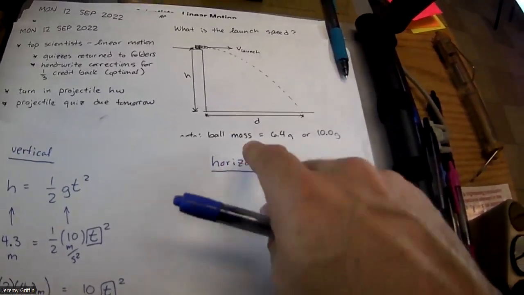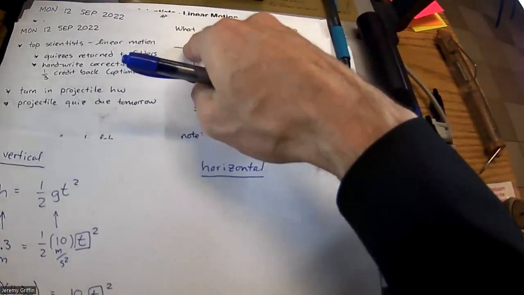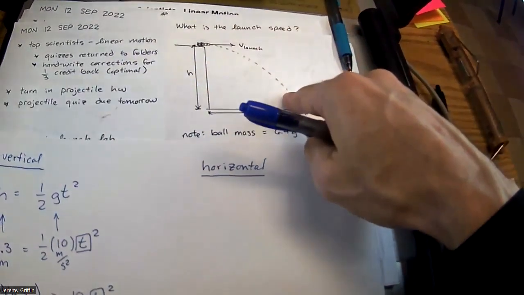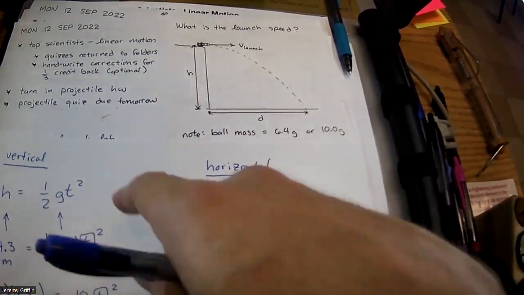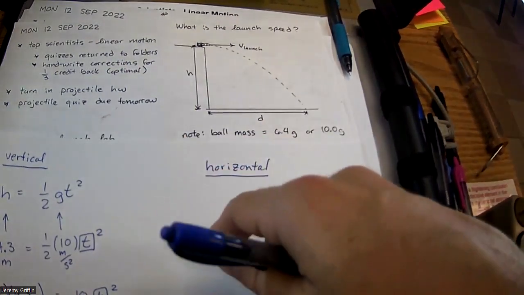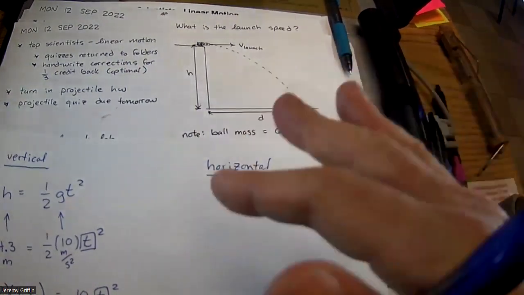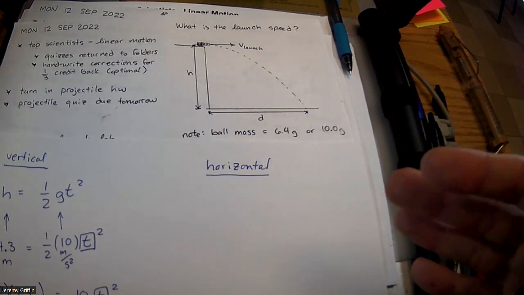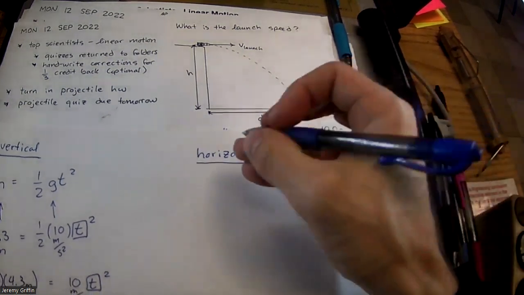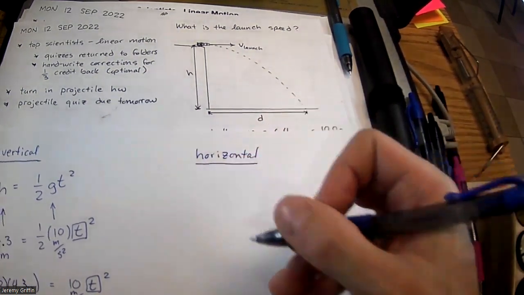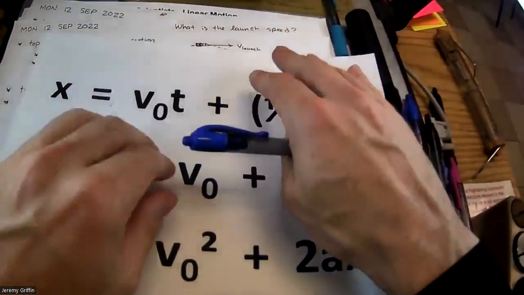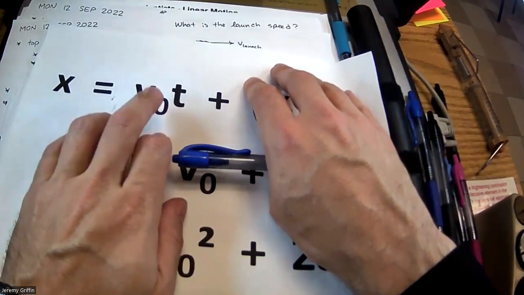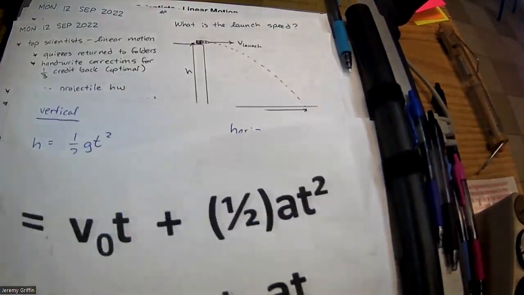In the horizontal direction, now remember, guys, is there any horizontal acceleration? No, gravity doesn't pull horizontally, gravity only pulls vertically. So there's no g, there's no a. Air drag? You think we can probably ignore air drag and be pretty close to what happened? Yeah, so let's do that too. If a is just zero, it boils down to x equals vt, except this is subscript x for the horizontal direction.